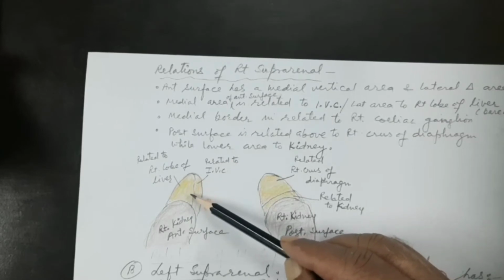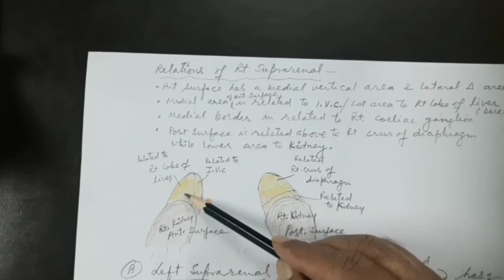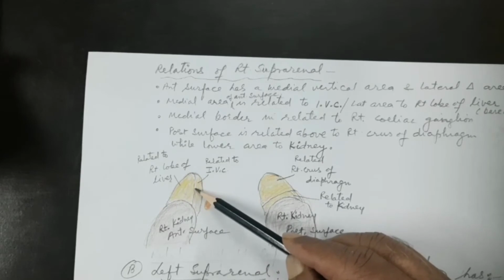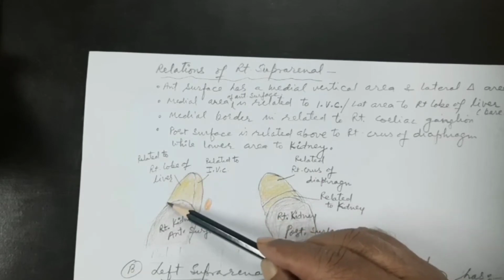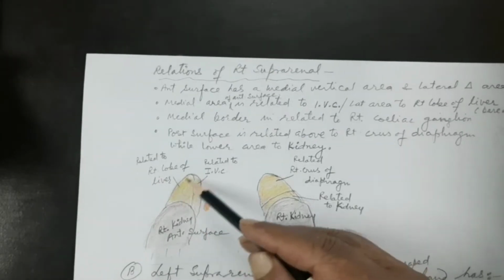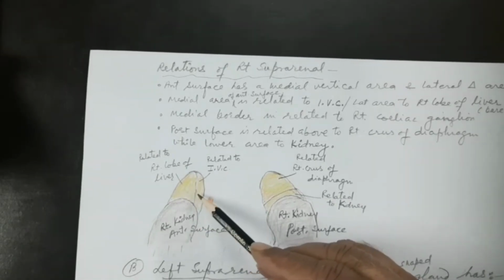It also has a triangular lateral area, bounded medially by the anterior border, and here is the lateral border, an apex and base. So the anterior surface of the right suprarenal gland is divided into two parts.